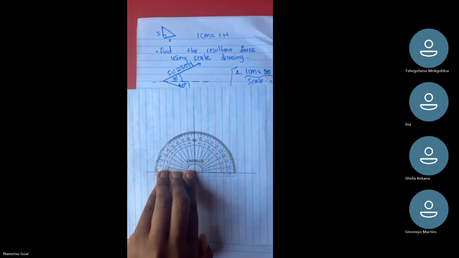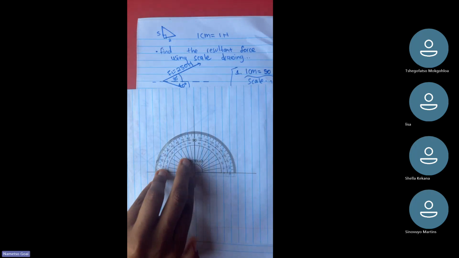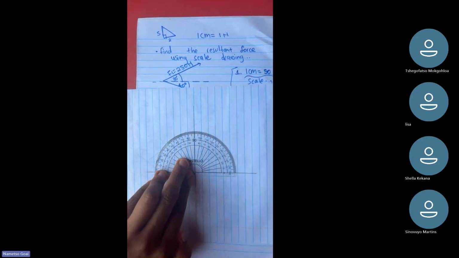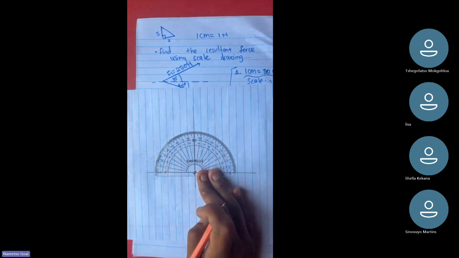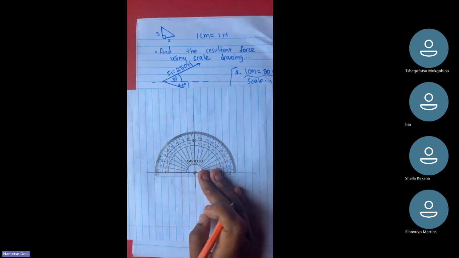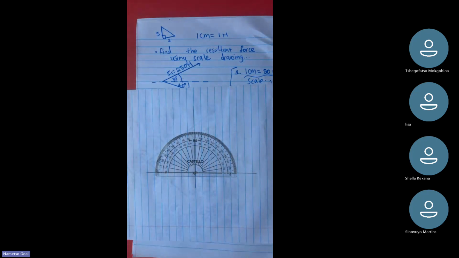Yes, ma'am. Okay, I need you to understand that to your right, it's for acute angles. Acute angles are angles that are less than 90, and they would move towards your right.